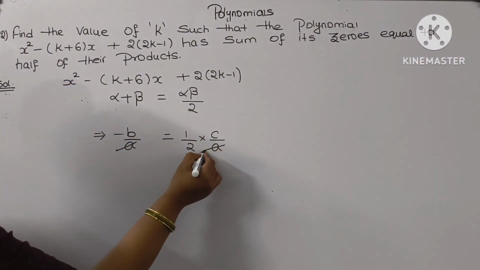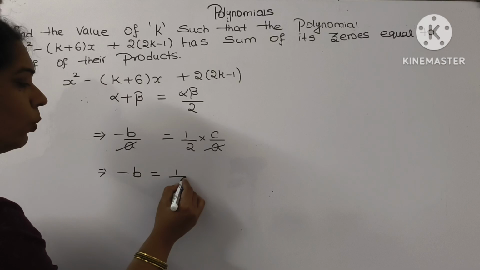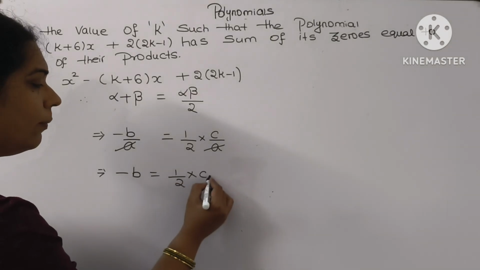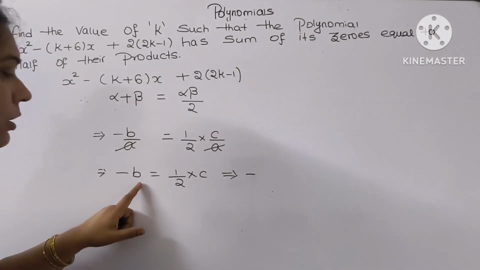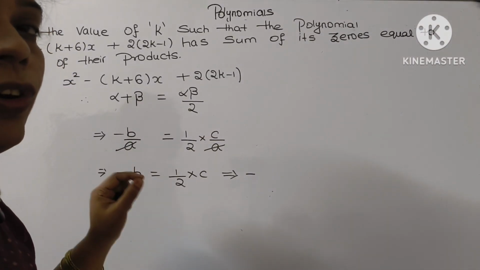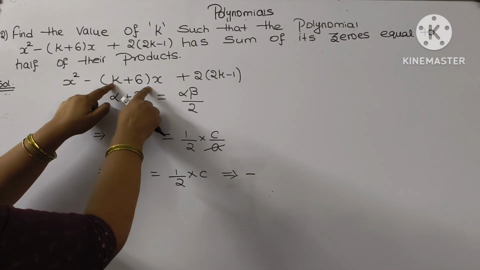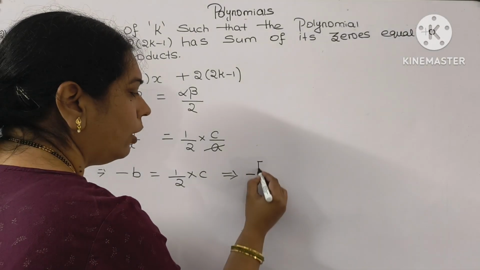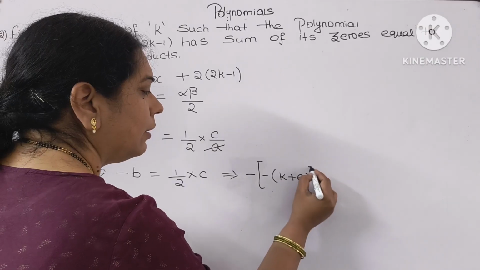Now, a will be cancelled. What are we left with? Minus b is equal to 1 by 2 into c. Now, substitute. Keep this minus sign as it is. What is b? B is the coefficient of x, which is minus of (k plus 6). So, write it again, minus of (k plus 6).